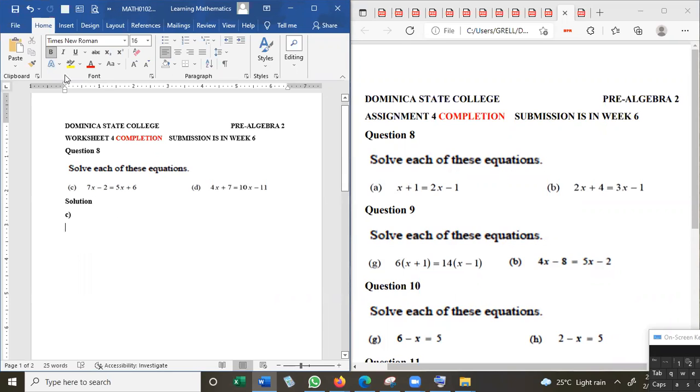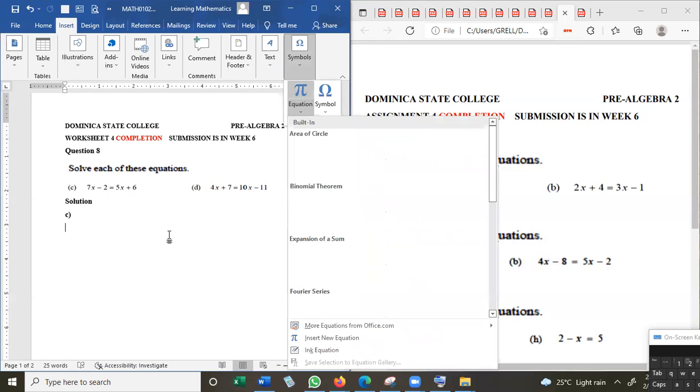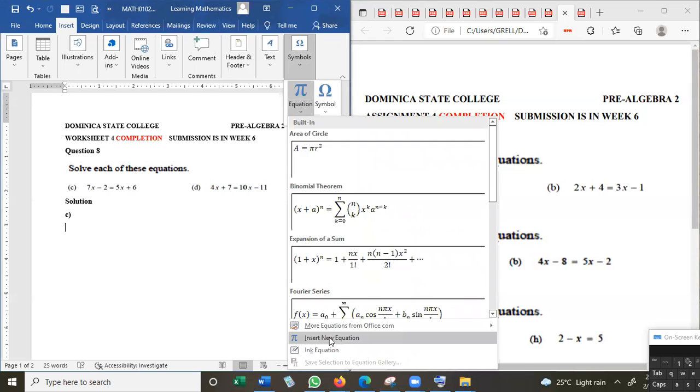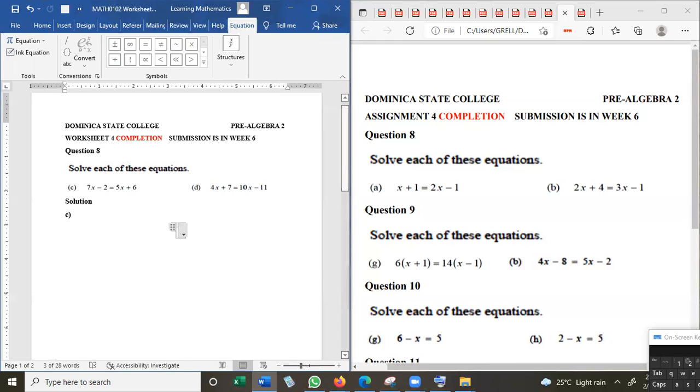Now, when you are confronted with a situation like that, meaning when you have x on either side of the equation, you have a linear equation. You've got 7x on the left side.